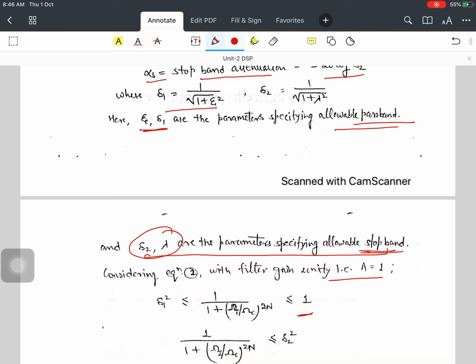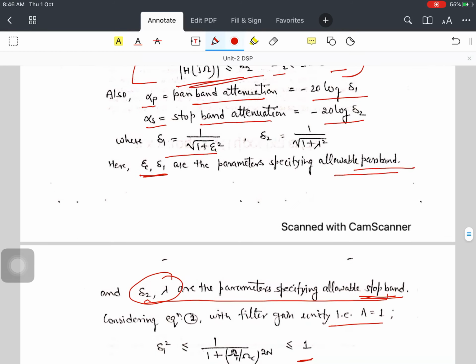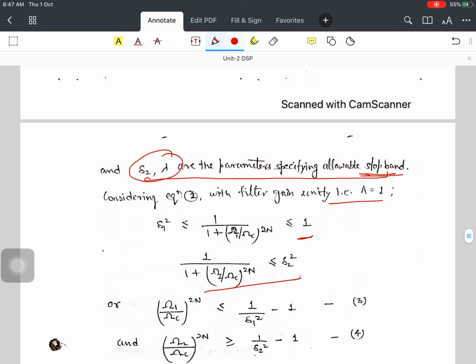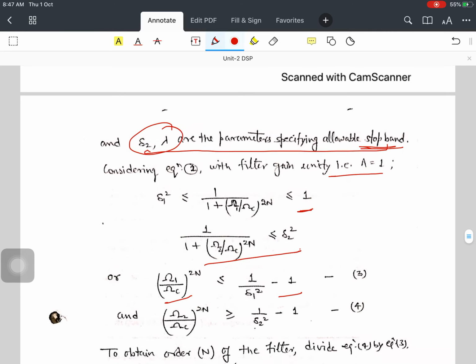And for the second equation, 1 upon 1 plus (Ω2 upon Ωc) to the power 2N is less than or equal to delta 2 square. In other words, we can write (Ω1 upon Ωc) to the power 2N less than or equal to 1 upon del 1 square minus 1. Same for this equation, (Ω2 upon Ωc) to the power 2N greater than or equal to 1 upon delta 2 square minus 1.